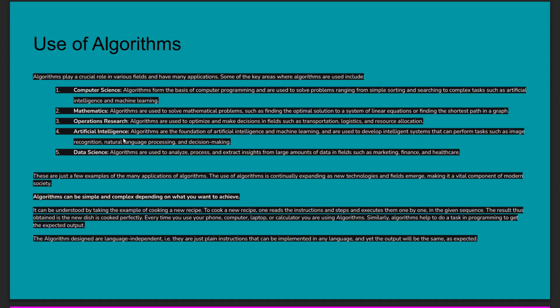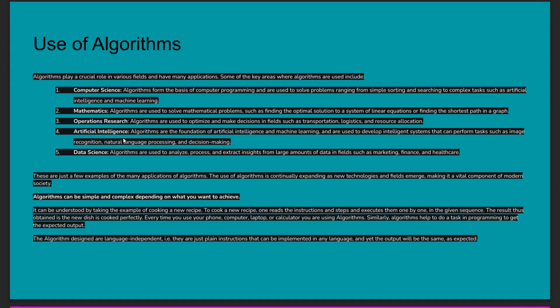It is continually impacting various fields. It is very important for any technology, whether old or new. So this algorithm plays a very important role in various fields, and it is an important component of modern society. So this is what we have seen.